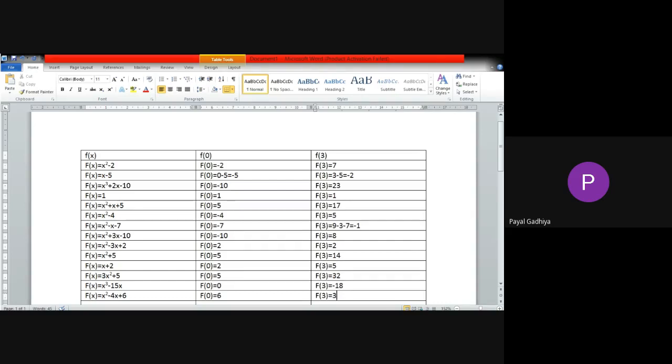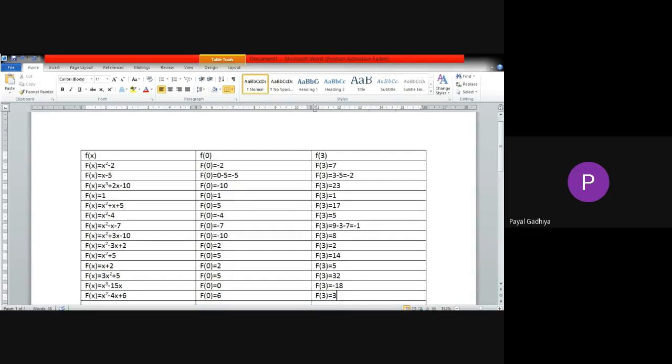Then the next is Dishit. Are you there with the example? Dishit, am I audible to you? It's fine. You can give example from the hospital also.